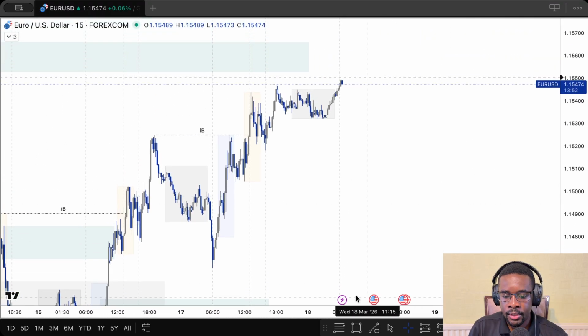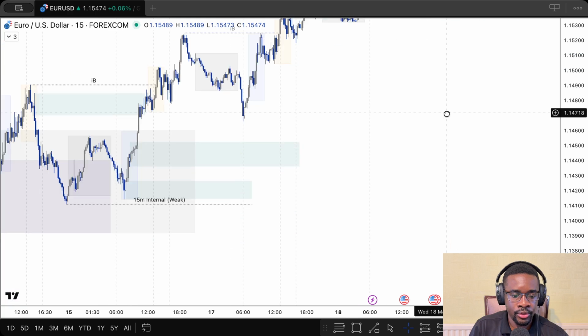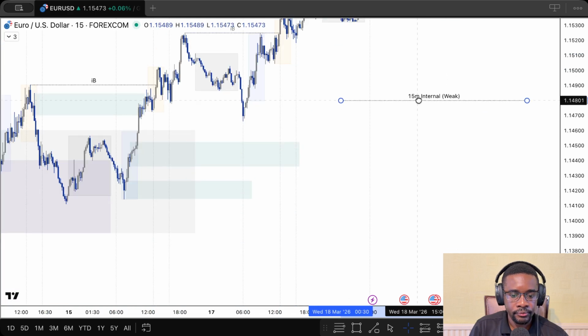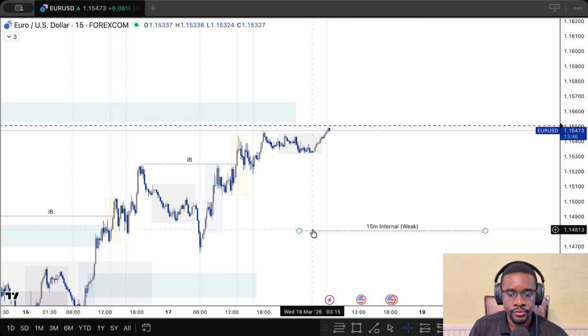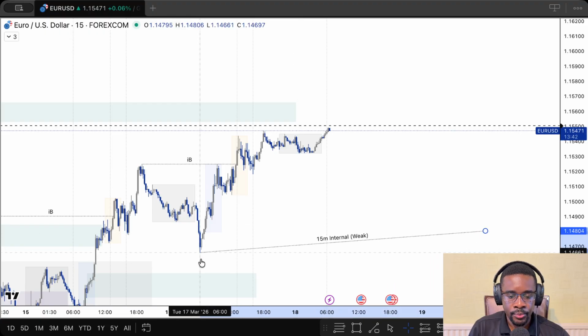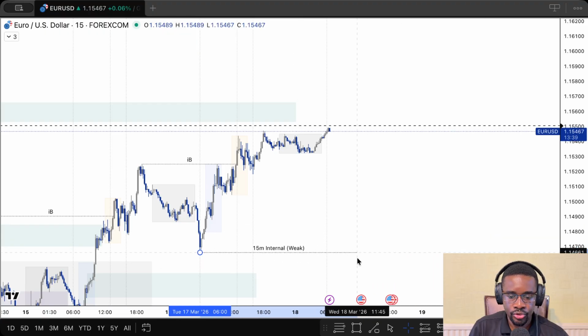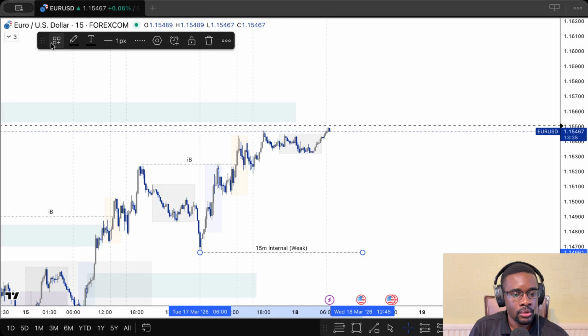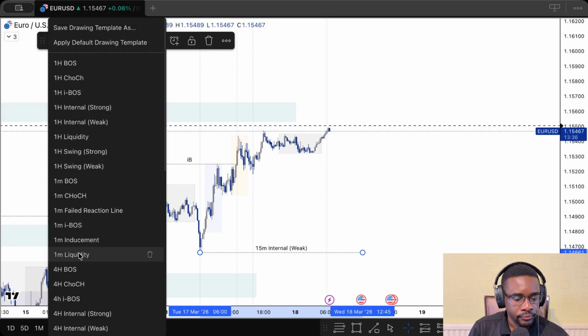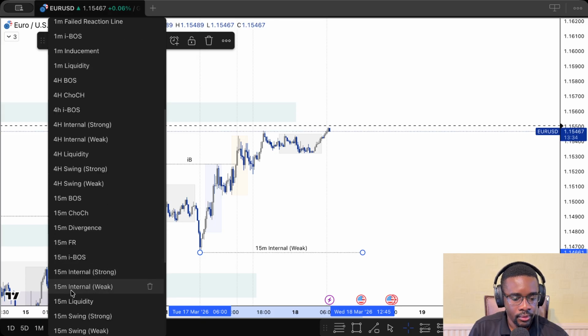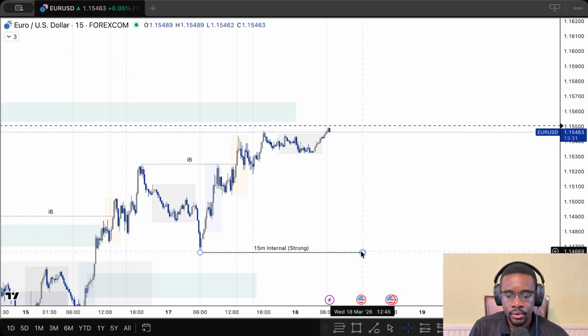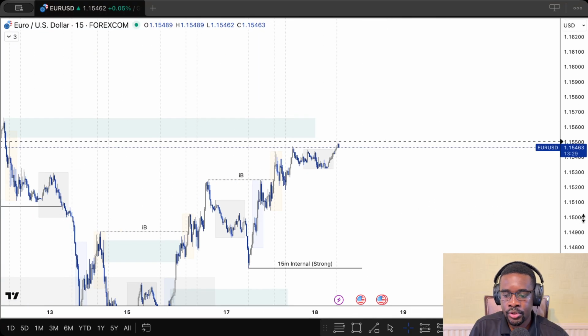That would then mean that my internal range on the 15-minute has shifted bullish. And this would be my internal strong.